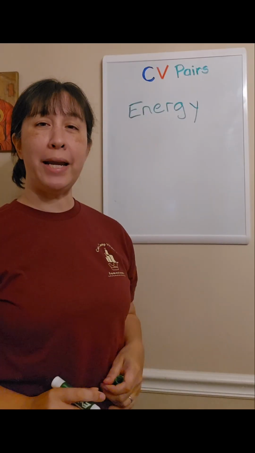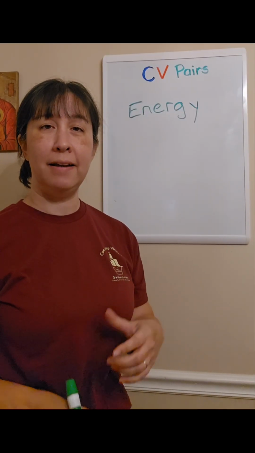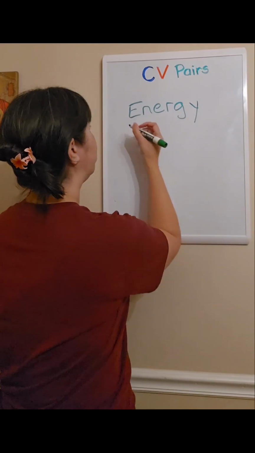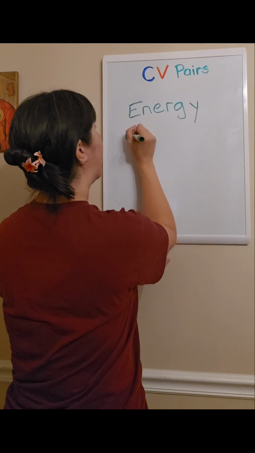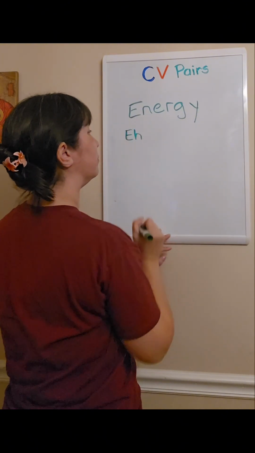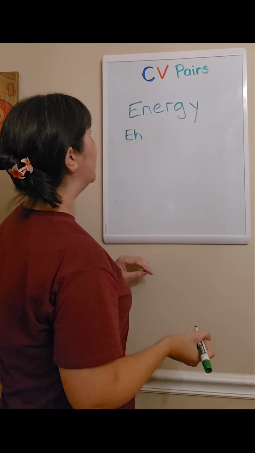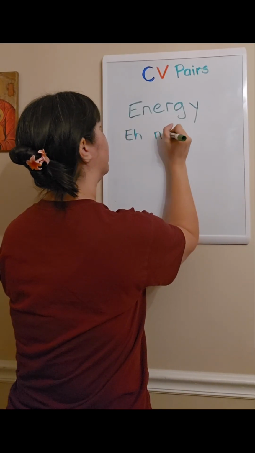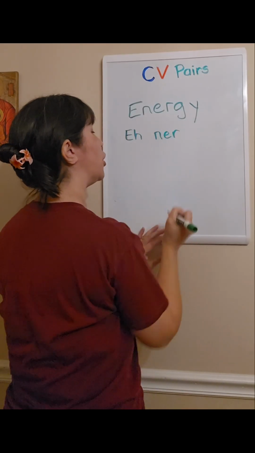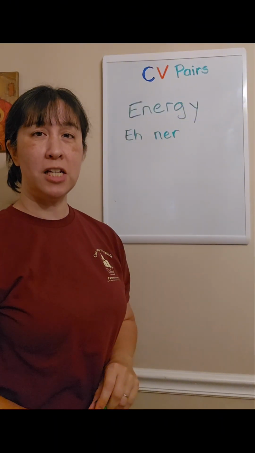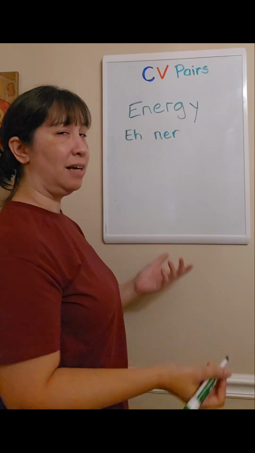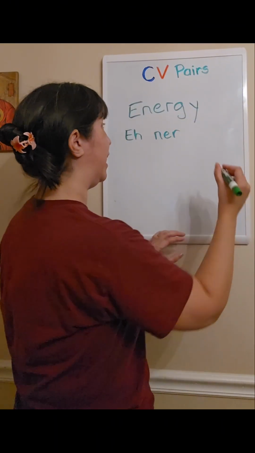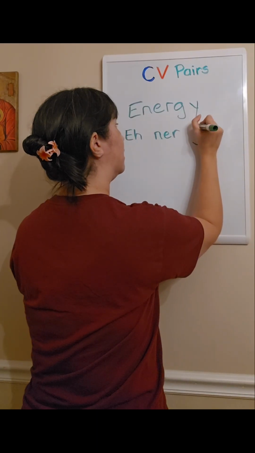Now we're going to write out what we hear in phonics. Okay, I hear an E. So EH. Then I hear a ner. So N-E-R. Ner. And finally a G. I'm going to write that as a J.